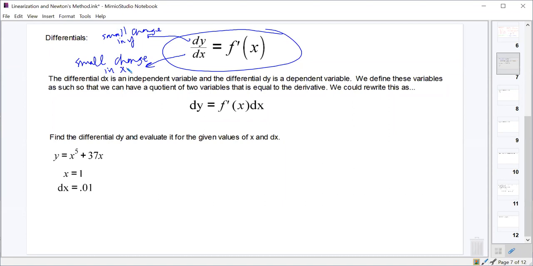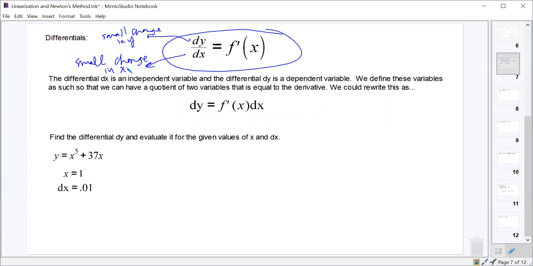we could take the dx and multiply it over to the right-hand side to get this thing dy equals f prime of x dx, which is called a differential right there. And basically what that's saying is you can take any function and on a small scale, you can say that the change in y, dy, is equal to the derivative of the function times the change in x.